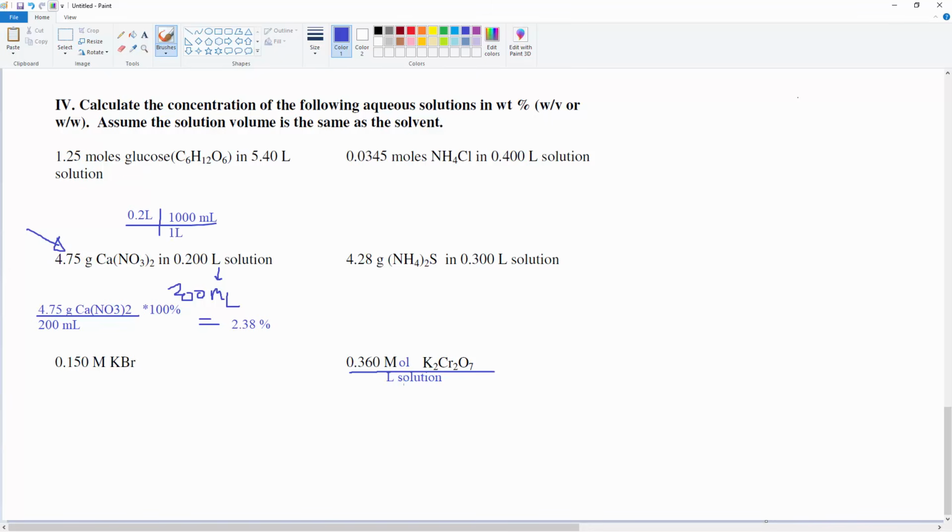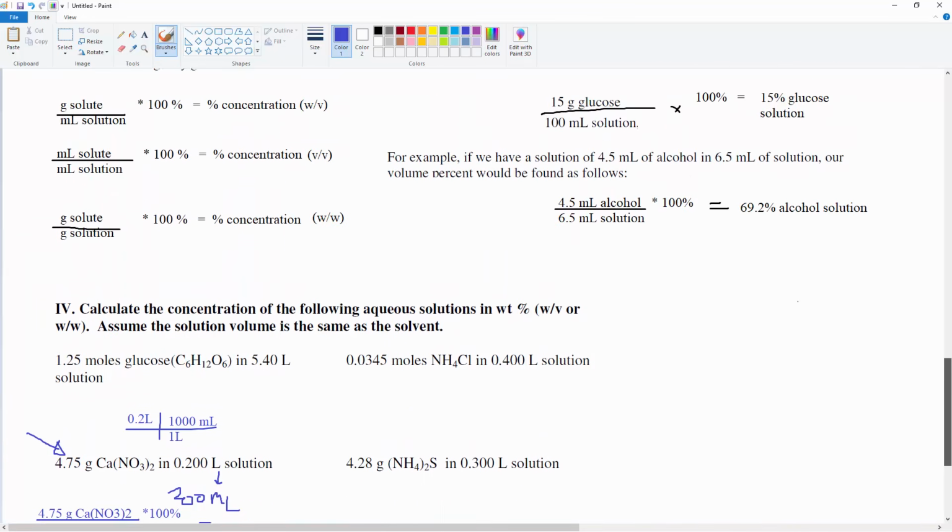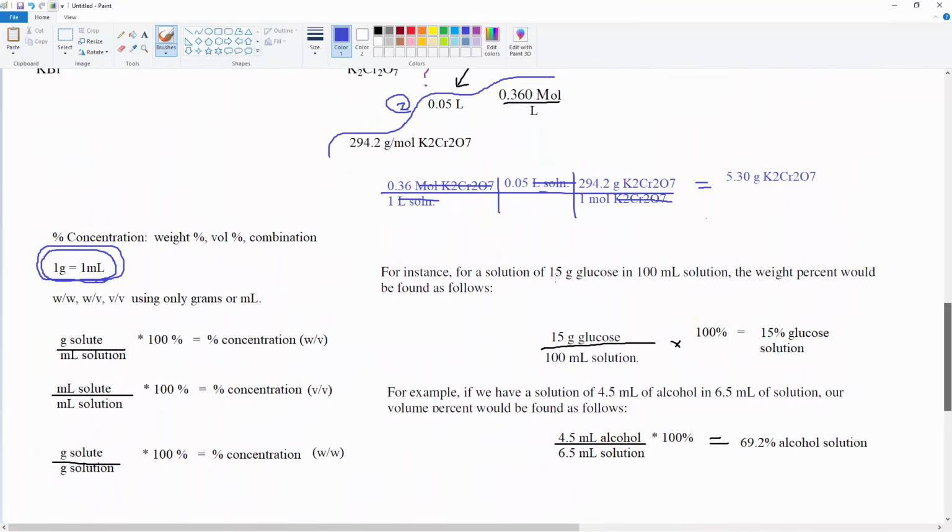But without that, I have nothing to hook on, right? So once I know the number of moles in a liter, now I just have to convert to get me grams in milliliters. How do I do that? I need the molar mass. Hey, I think we did that one already up here, right? K2Cr2O7 right here, so I don't have to calculate that again.